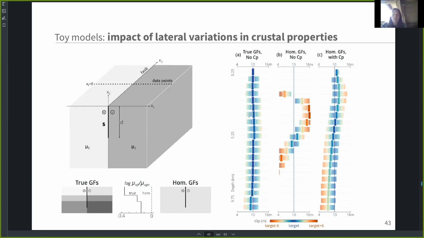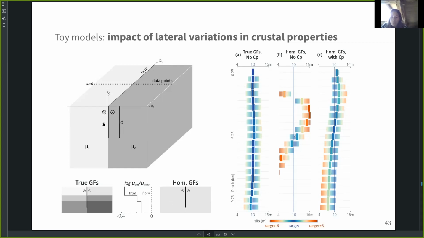So again, if we consider a very complex structure and assume the same structure to make our inversion, then we end up with a very nice slip model that fits the target very well. On the other side, if we invert this slip model but assuming homogeneous crust, that's the case here, then you can see that we are not able to fit the target model at all.